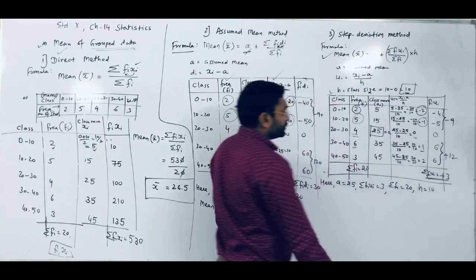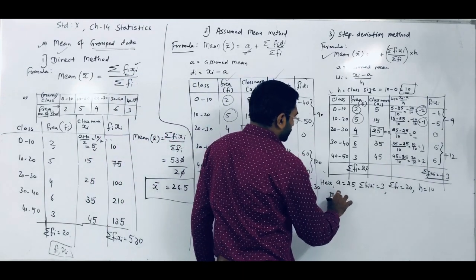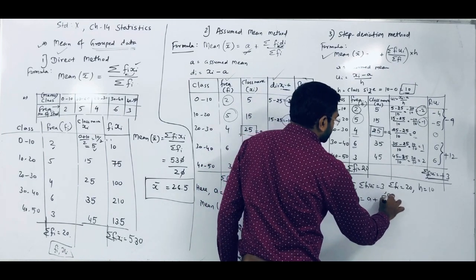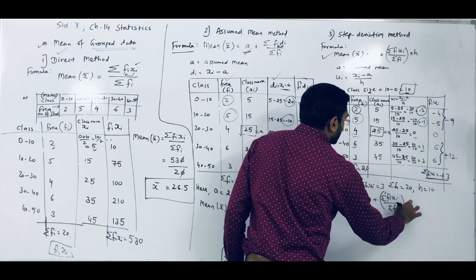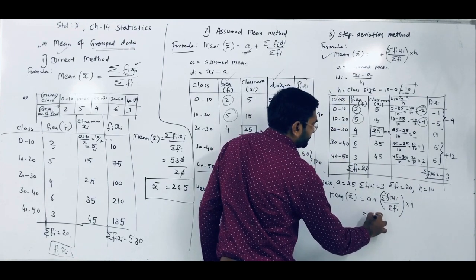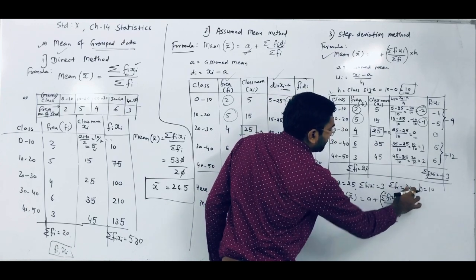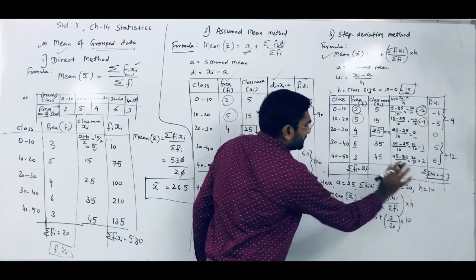So now, using the step deviation method, we find the mean. The mean formula: mean x bar is equal to a plus sigma fi ui upon sigma fi, into h. So we put the values: a value is 25 plus fi ui value is 3 divided by sigma fi value is 20, into h value is 10.